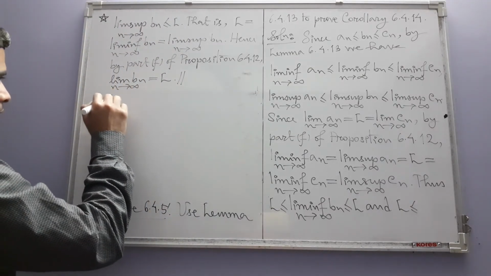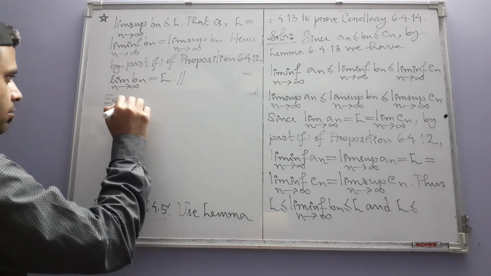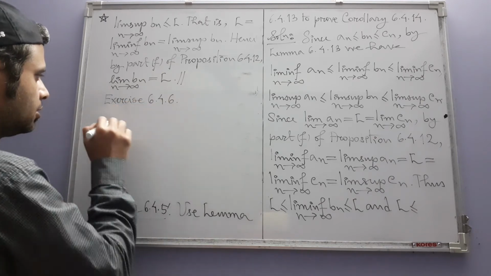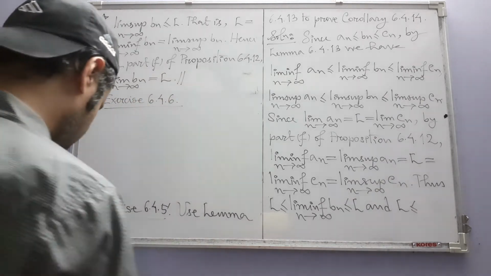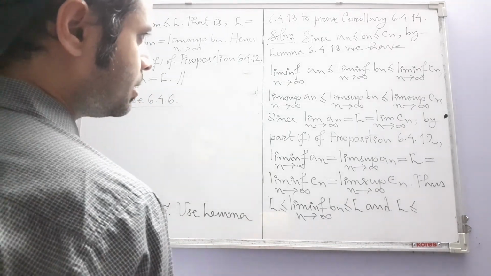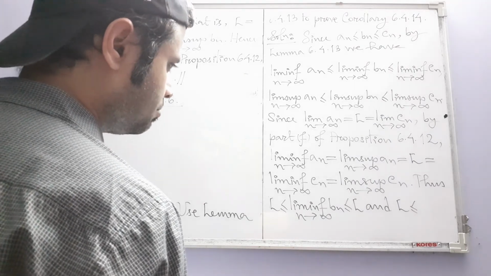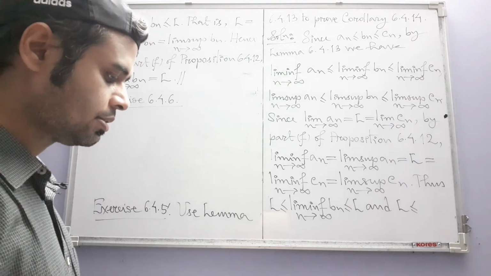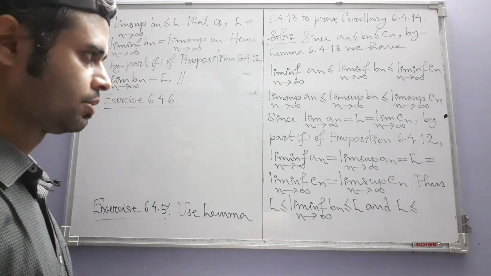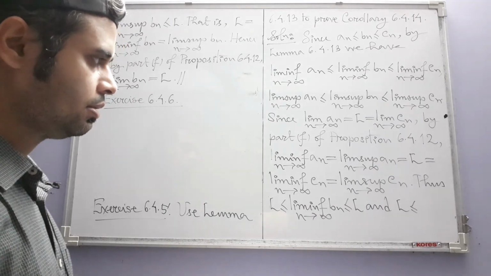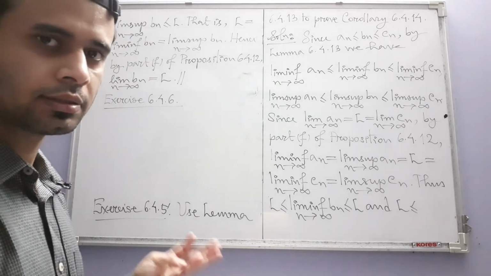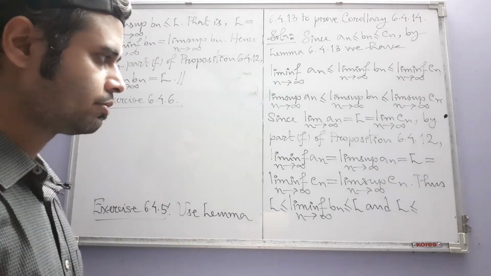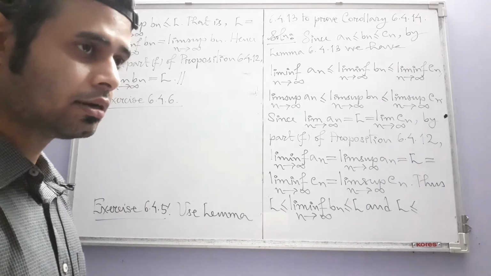Then let us solve another one. 6.4.6. There are so many things in analysis. We are still in the theory of sequences of real numbers. We still have to see continuity of functions, differentiability, integrability, and that too we are trapped in the world of functions of a single real variable.